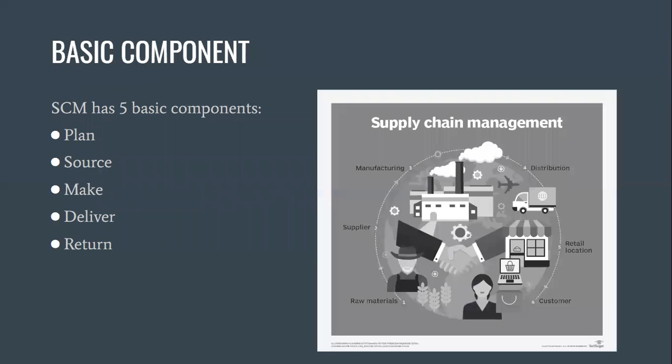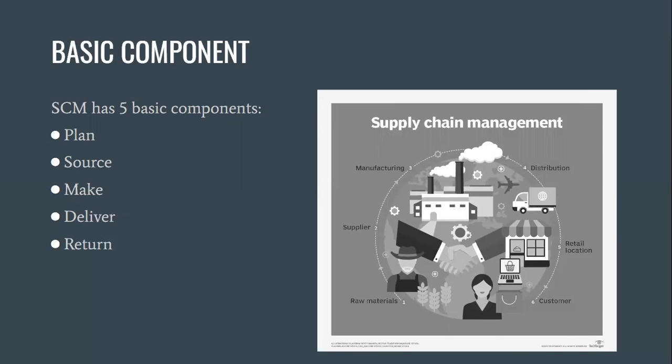Supply chain management has a function to improve the organization's process from acquiring material, then processing it, then delivering it to the customer. There are 5 basic components of supply chain management. The first one is plan. Planning is about the strategy of supply chain in the company. And then there's source. It is when the company chooses the suppliers.